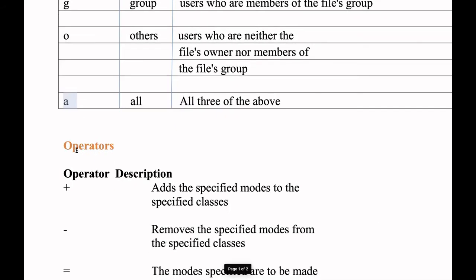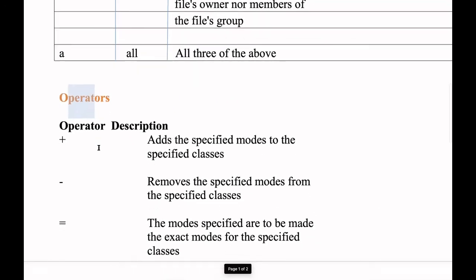The third is the operators. I can use any of these three operators to give the permission. Plus adds the specified mode. If I want to add a permission, I can use plus. Minus removes a permission, and equal is the exact mode.